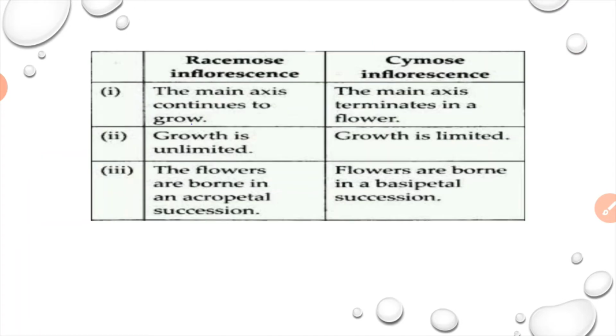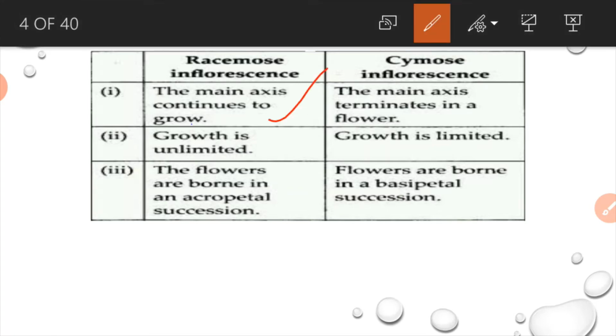Now let us see the difference between the racemose inflorescence and cymose inflorescence. In case of racemose, the main axis continues to grow, but in cymose inflorescence, the main axis terminates in a flower. In case of racemose inflorescence, the growth is unlimited, but in cymose, the growth is limited.